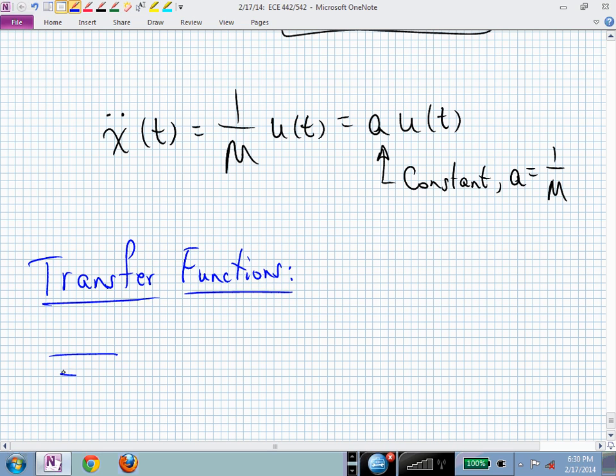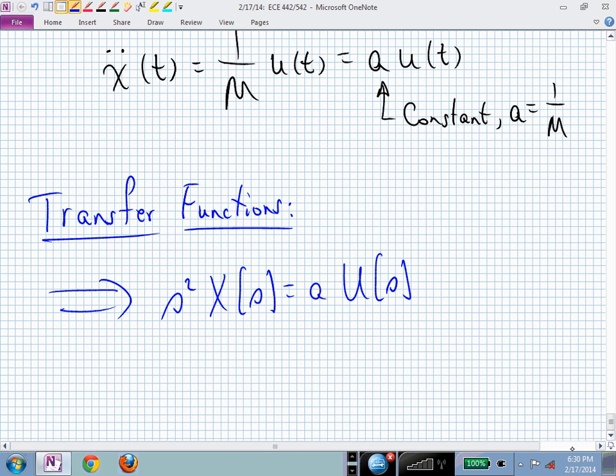What happens when I Laplace transform a second derivative? Now I have an s squared. I Laplace transform a first derivative, I get an s. I do it again, I get another s. So now I have s squared capital X of s is that constant a times the Laplace transform of u of t.